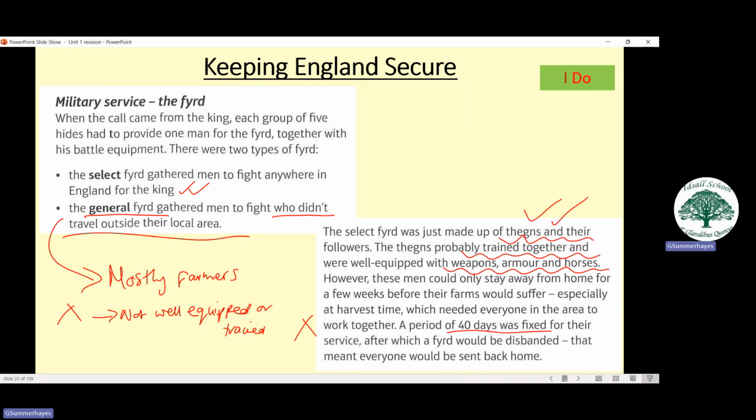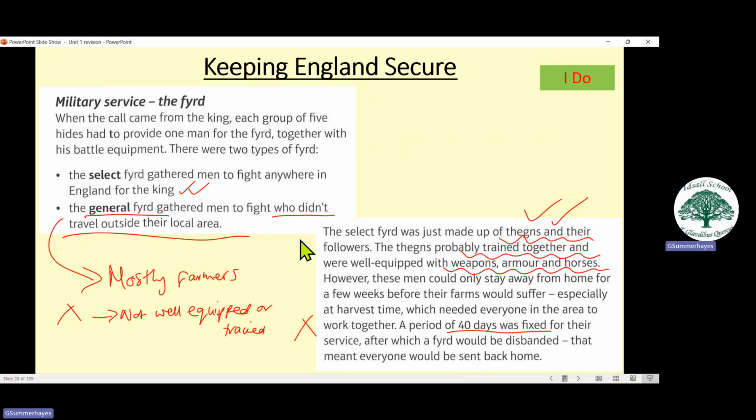So they're the ones who would travel up to Northumbria from London when Harold Hardrada invaded. And then you've got the general third, who are used on a more local basis, and they wouldn't leave their shire. So the select third had thanes in it as well. So they were better trained, though still not as well trained as the housecarls, which we'll get onto, but better equipped.